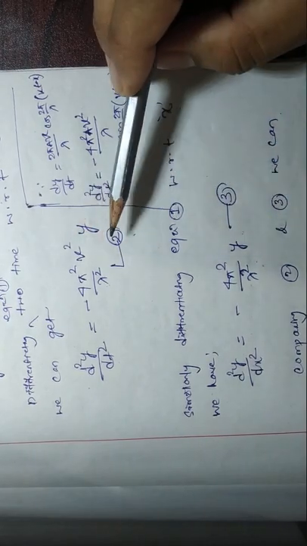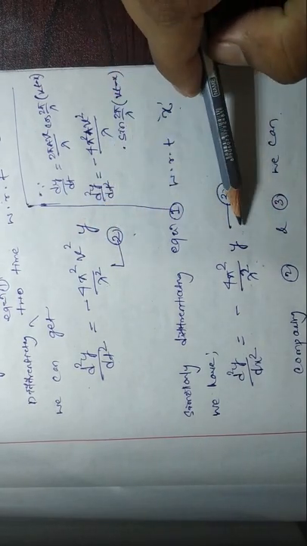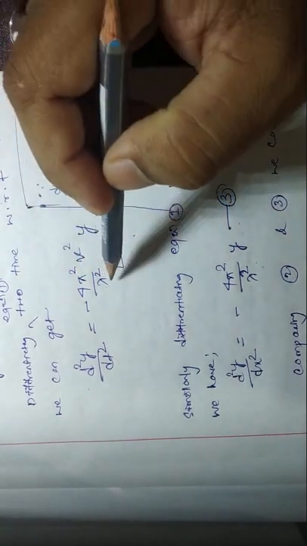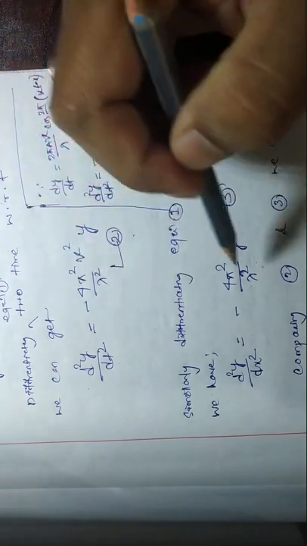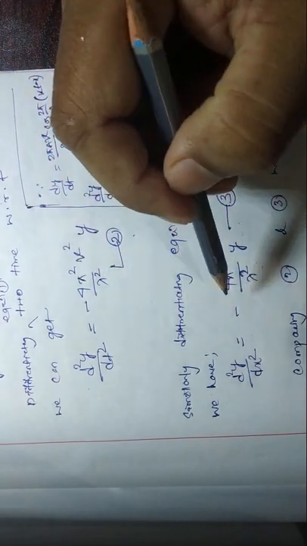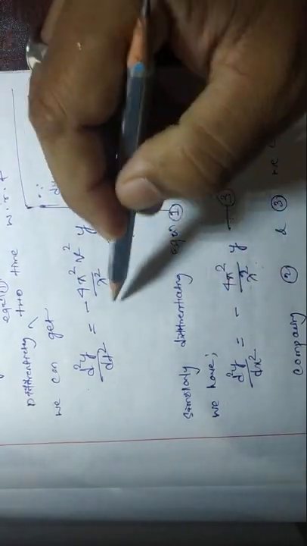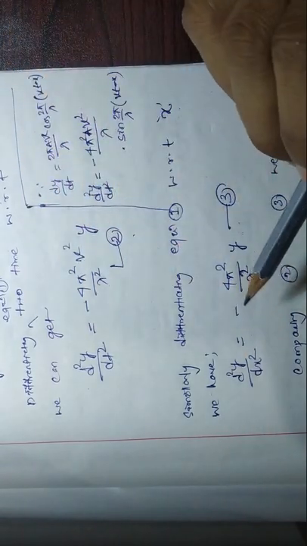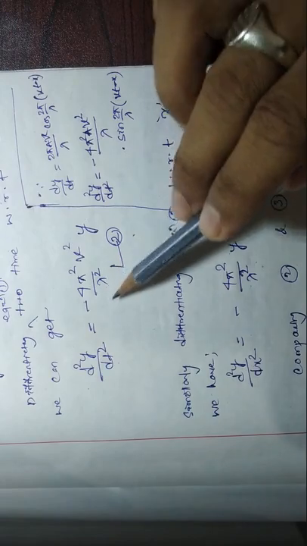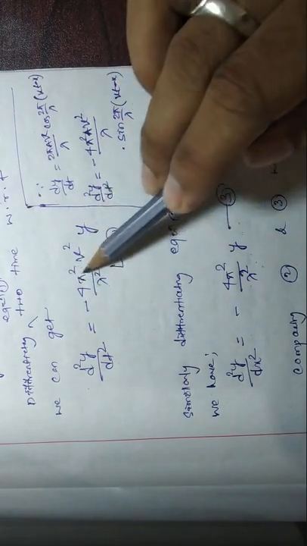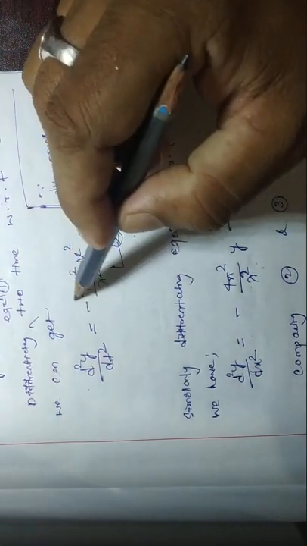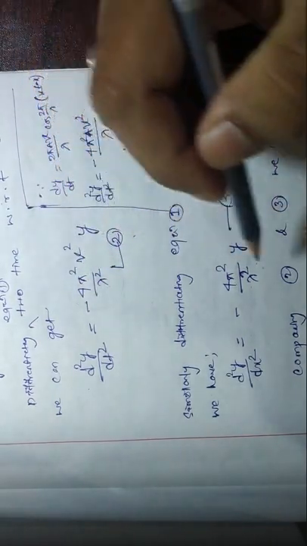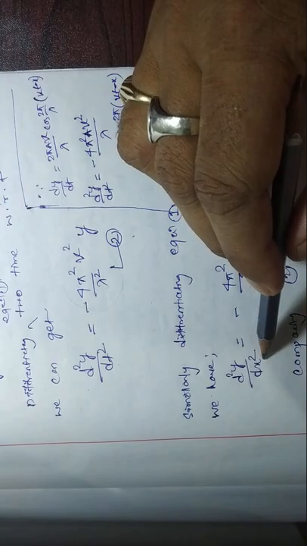Now compare equation number 2 and equation number 3. This term is common in both cases. So instead of (4π²/λ²) y, I can put d²y/dx².